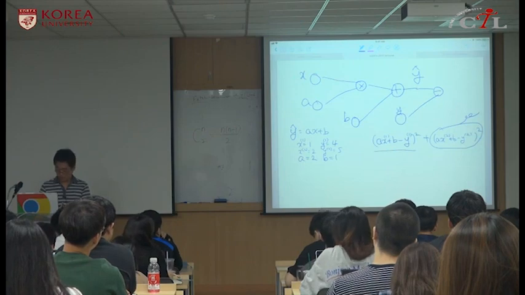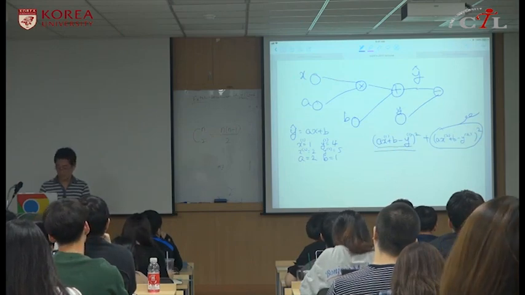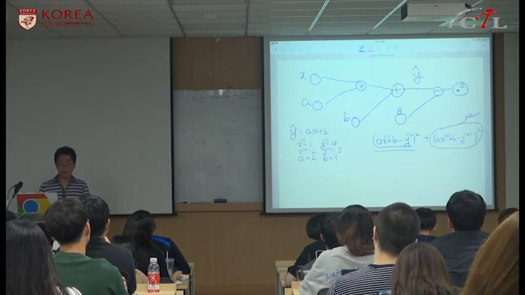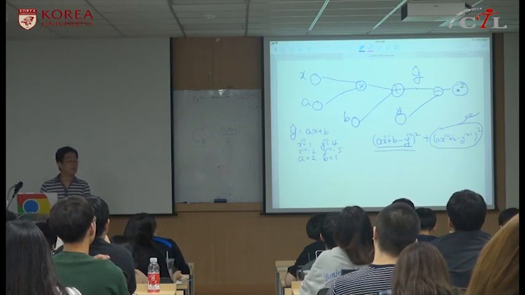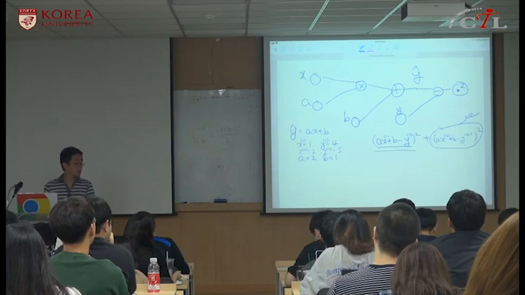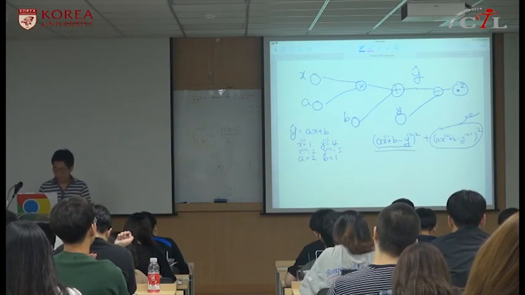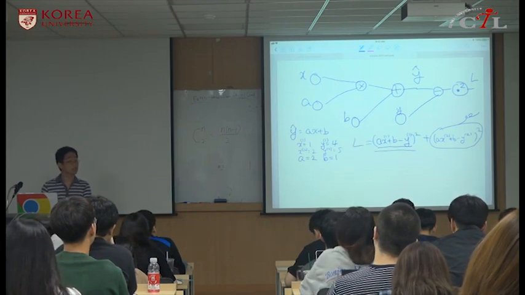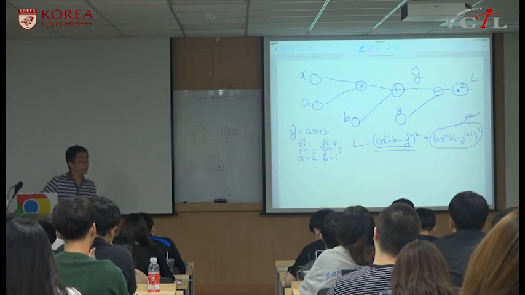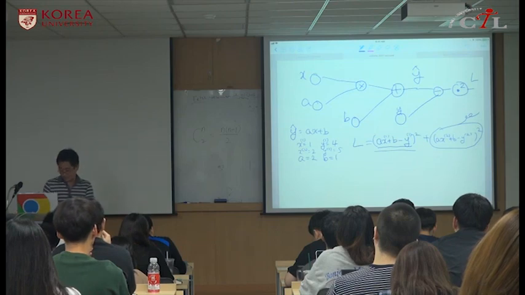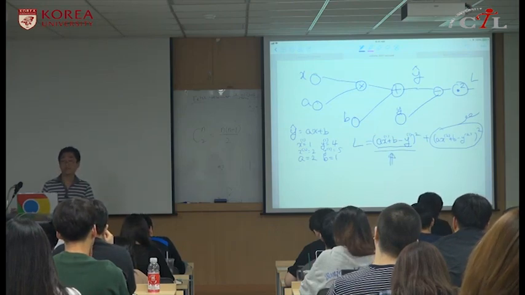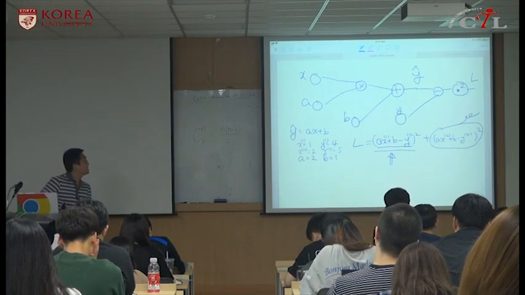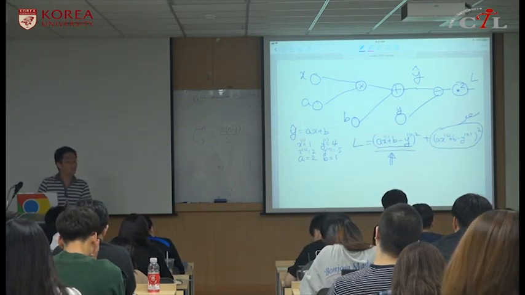So up to this point, and then that input value squared is our loss function. Now we finished our computational graph to represent this loss function, and we want to minimize that loss function.